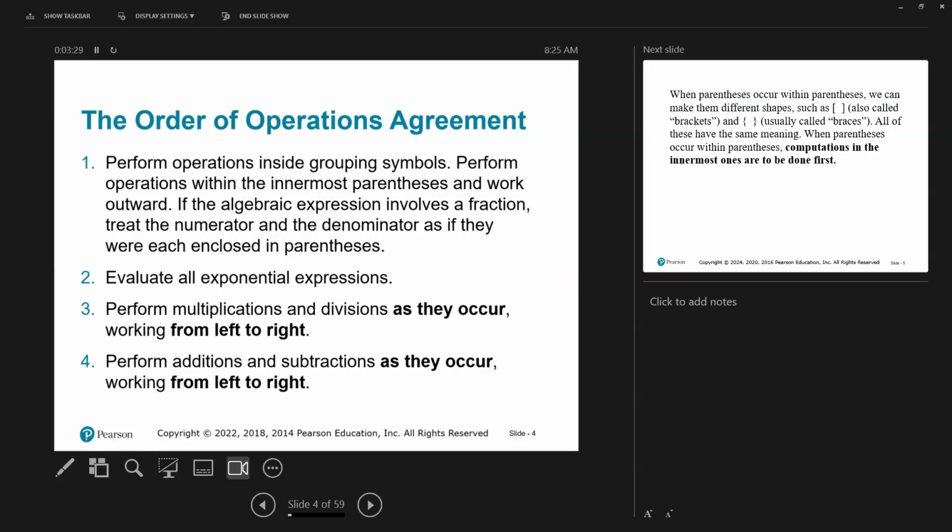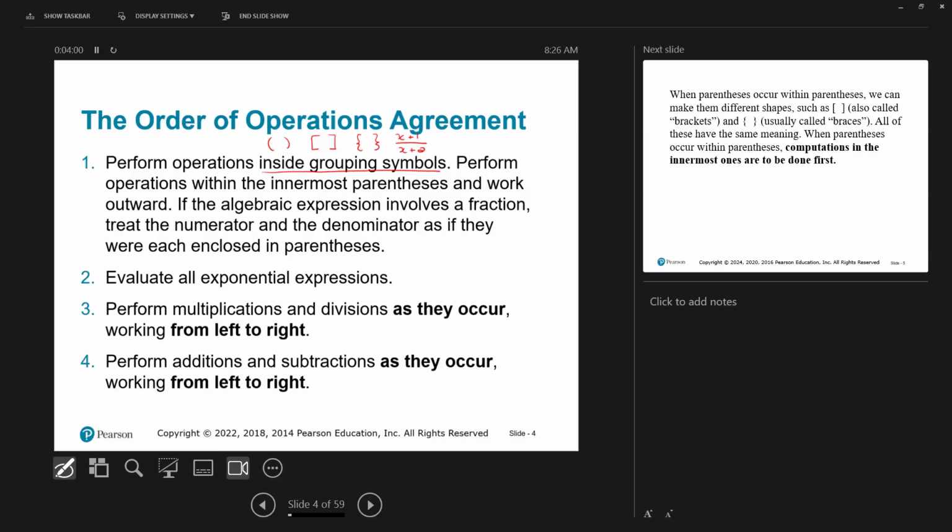A nice way to simplify your order of operations is this order of operations agreement. We're going to perform operations inside grouping symbols. By grouping symbols, we mean parentheses, brackets, sometimes you might see these step brackets, and also a division bar, which is also a grouping symbol.